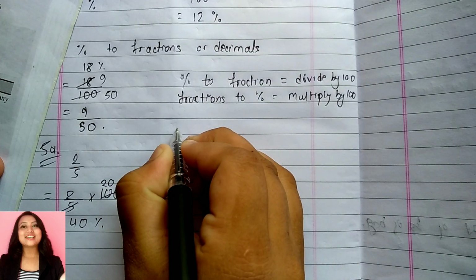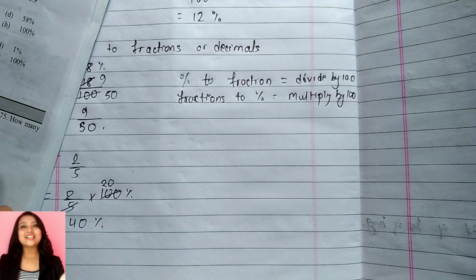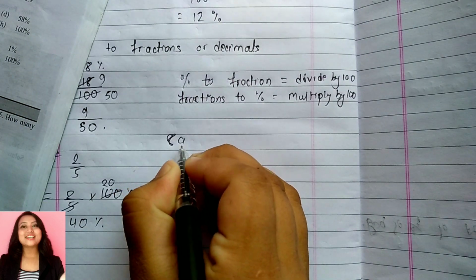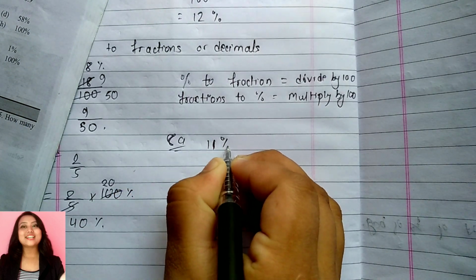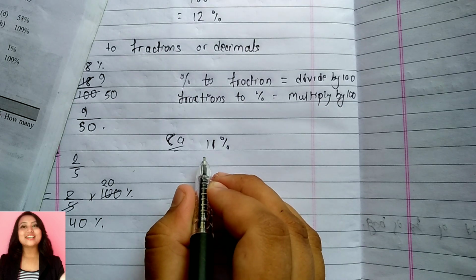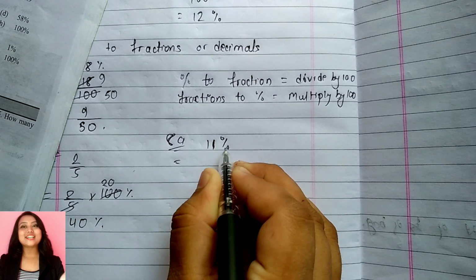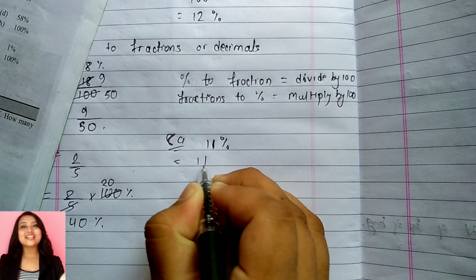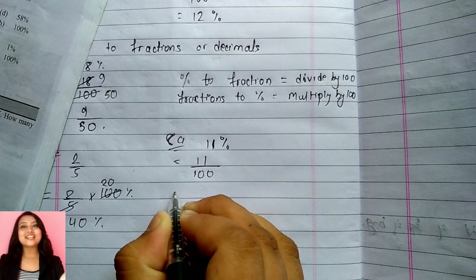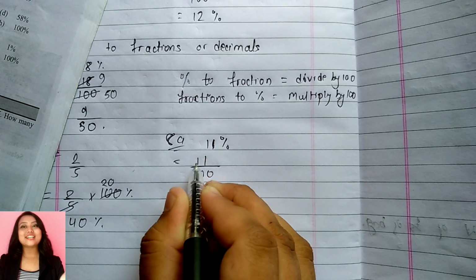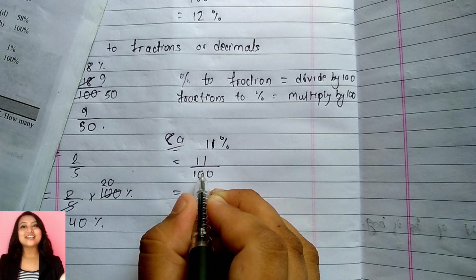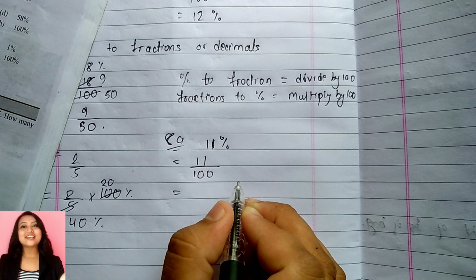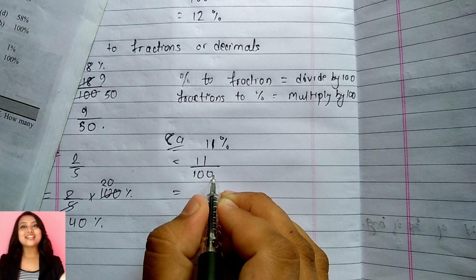So let's do question number 8a. 11% is given. This 11% we have to change into a decimal. For changing into a decimal, we have to divide it by 100. 11 upon 100. Now this is the fraction, right? Now we have to change this into a decimal. For changing into decimals, what do we need to do?